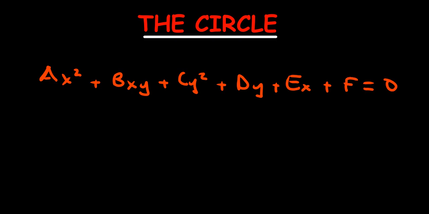So this is the general form of the equation which describes the conic sections. Can we all see this equation here?